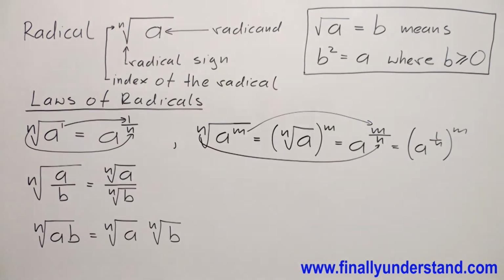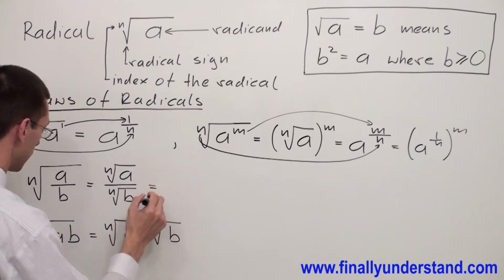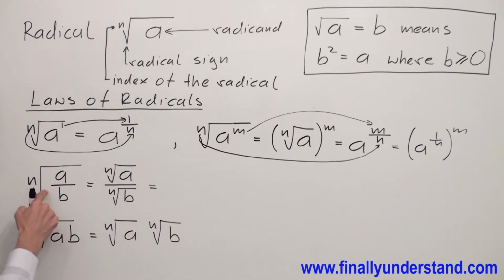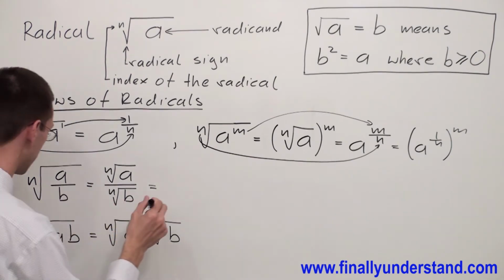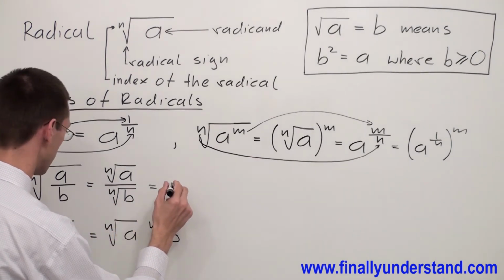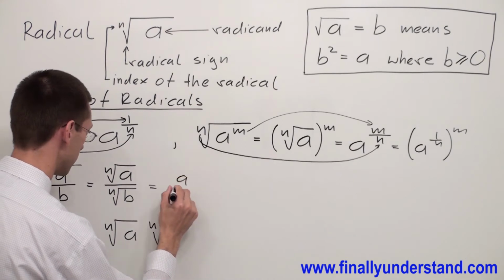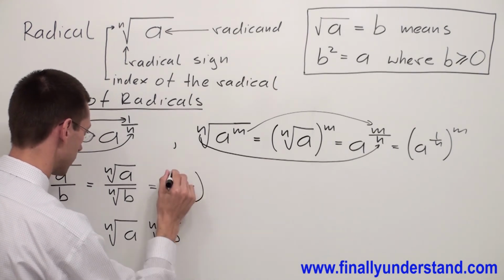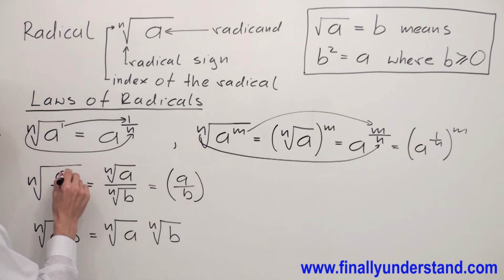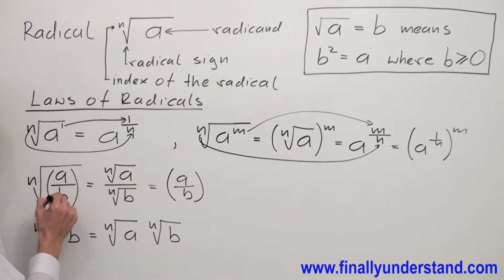Now, let's take a look at another law. We can rewrite this radical in exponential form, and I'm going to have a over b. And remember, anytime we do not have an exponent, we always have an invisible 1, which I'm going to make visible.